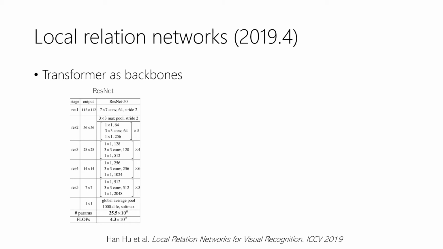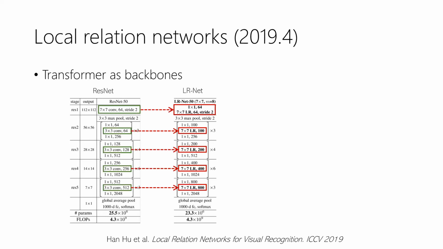The first attempt was made in 2019. The most popular backbone network in computer vision is ResNet at the time. We replace all convolution layers in ResNet with transformer layers, maintaining the same computation complexity. The resulting network is called local region networks.